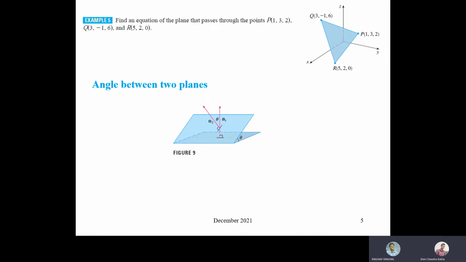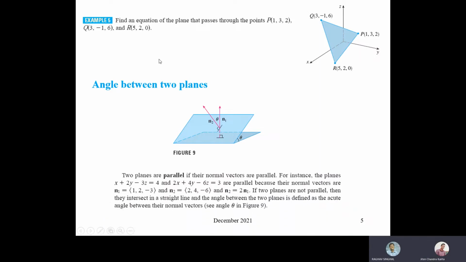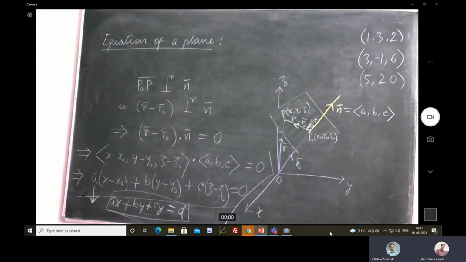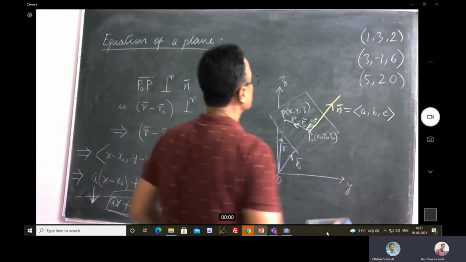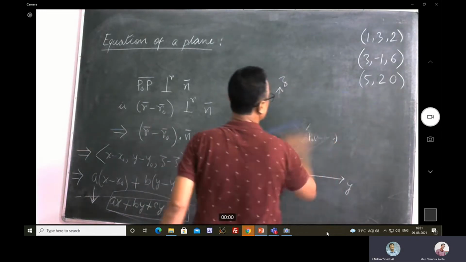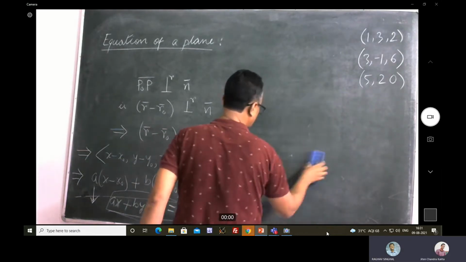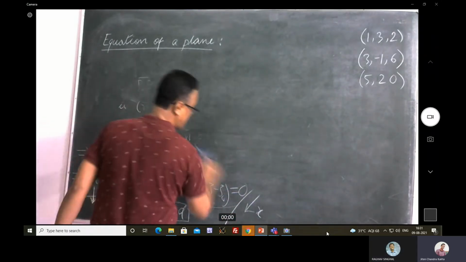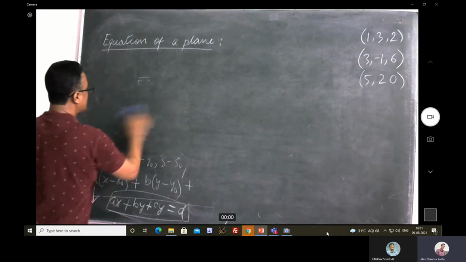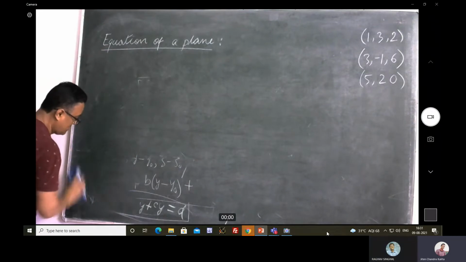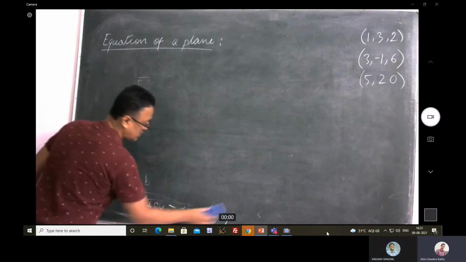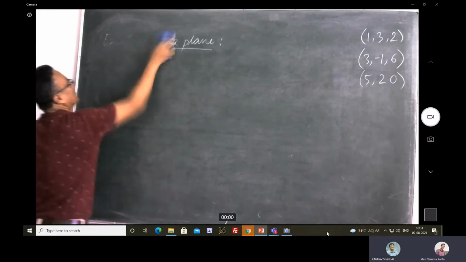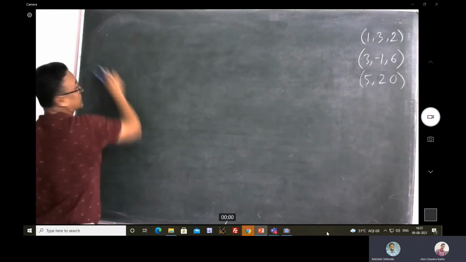Now the problem that we are going to do is this: you are given three points, like those you can see next to that, and they lie on a plane. What you have to do is find the equation of that particular plane on which those three points lie.